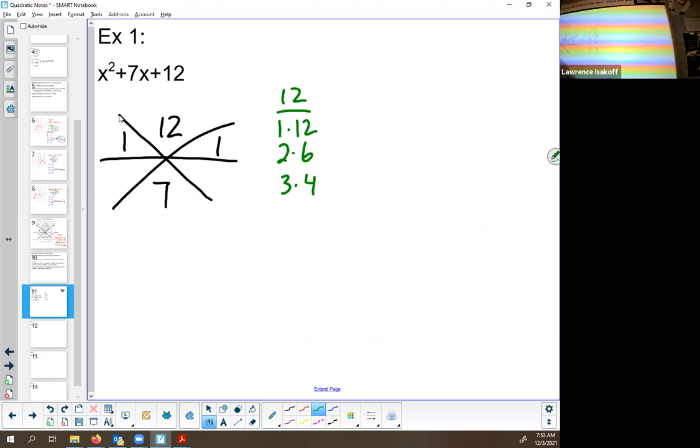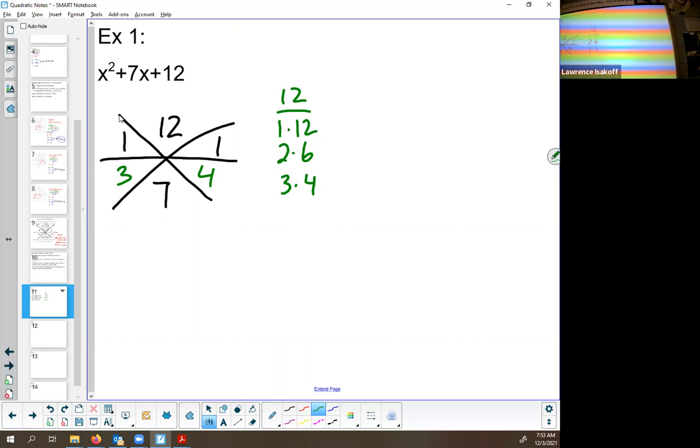So I'm going to put 3 and 4 here in my snowflake, because 3 times 4 gives me 12, and 3 plus 4 gives me 7.